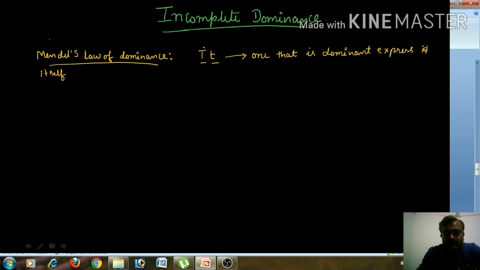Okay. So suppose this T is dominant. If we say this capital T is dominant and the small t is recessive, then when they come together, like capital T and small t, the phenotype that develops will be tall.